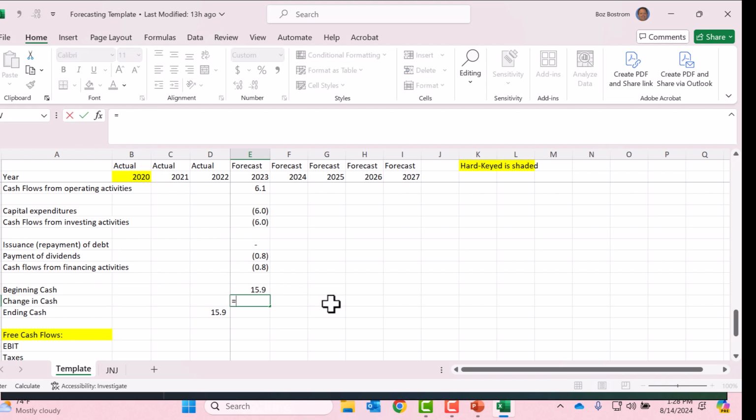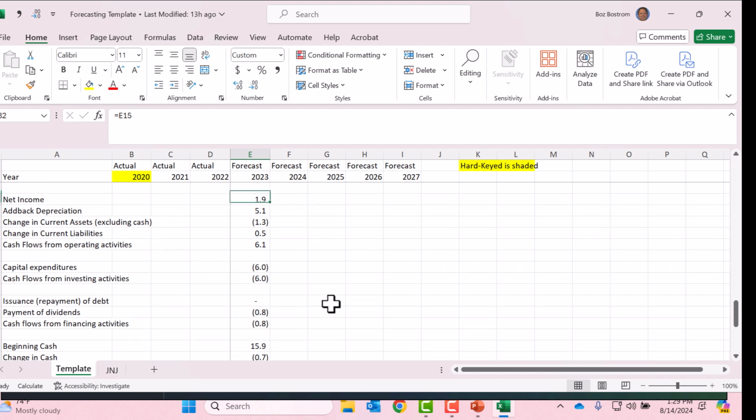Change in cash equals cash flows from operating activities plus cash flows from investing activities plus cash flows from financing activities, and those pluses are correct. So it's actually going to be a negative number here because the two negatives were bigger than the positive. And then alt equals.